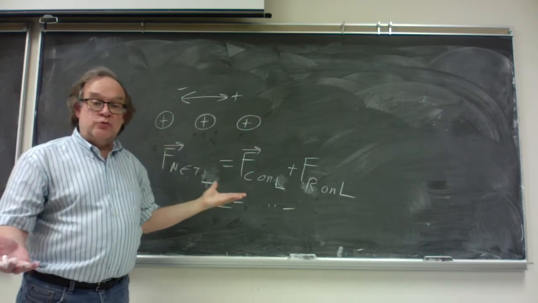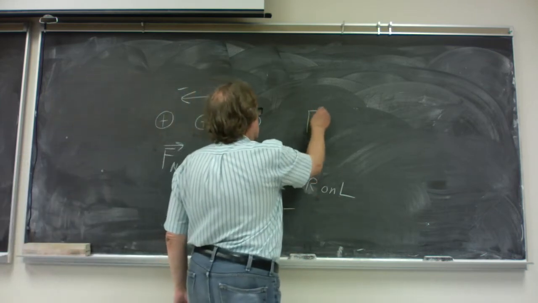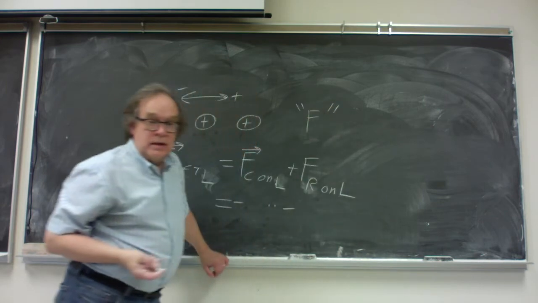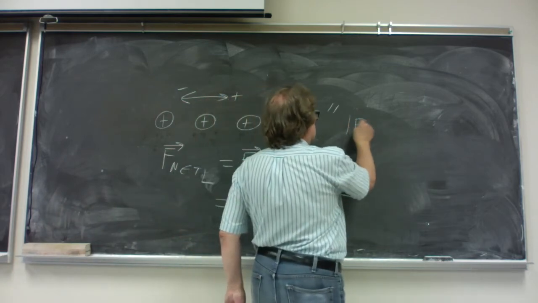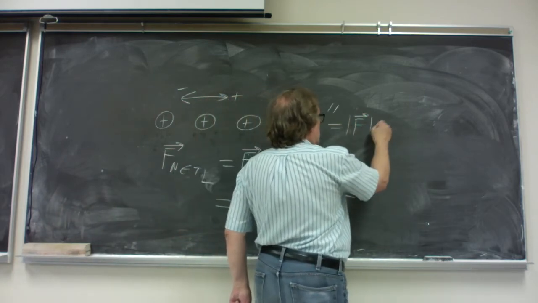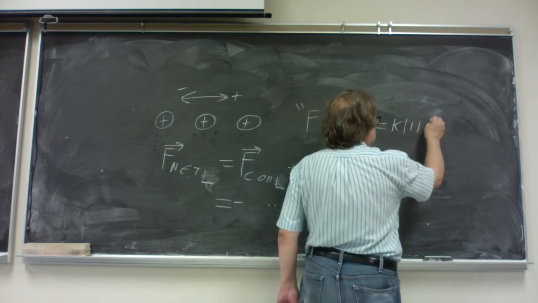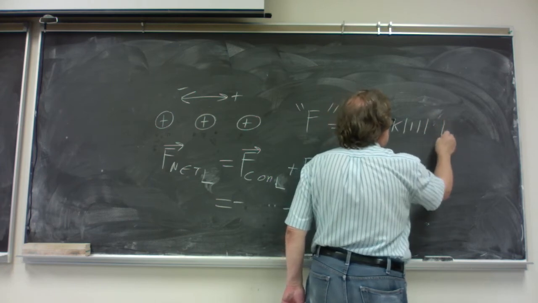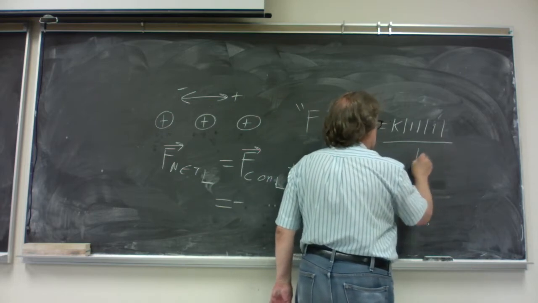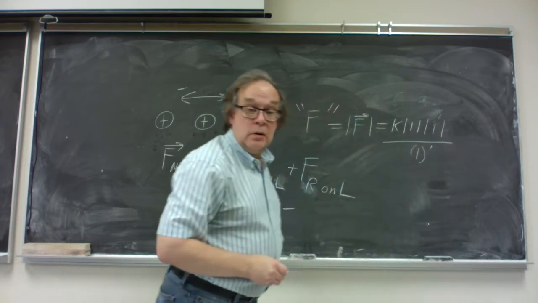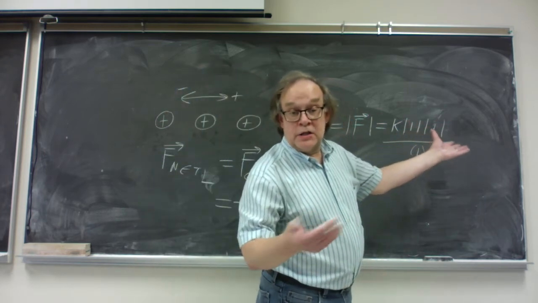We'll call that much force just plain F. That is, when I say F, that will mean just the magnitude of a force from 1 unit of charge acting on a second unit of charge, just 1 step apart. Of course, these could be either positive or negative.